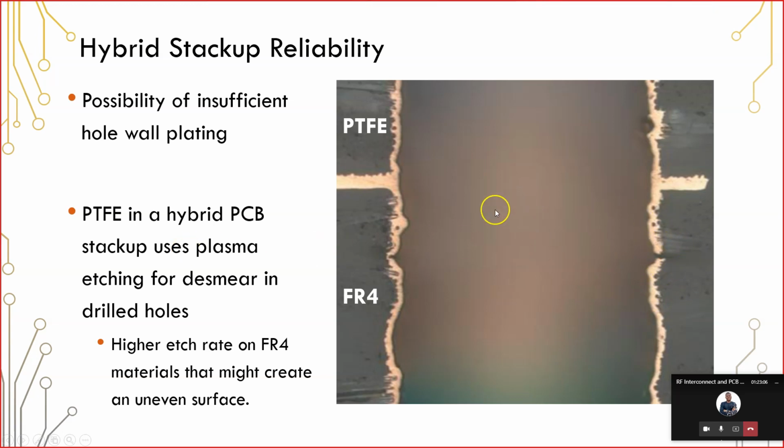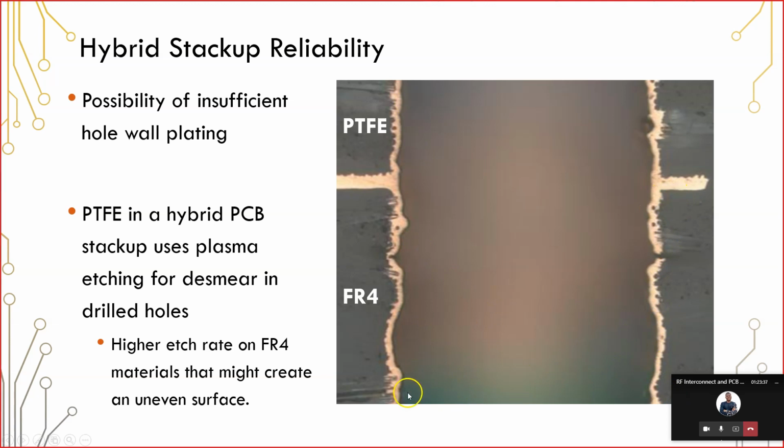So this happens during the de-smear process. So when this hole gets drilled, when it gets mechanically drilled, what happens is they use a process called plasma etching, where essentially a gas is superheated and that gas ionizes, and it's able to infiltrate these holes. And in the process of doing that, it removes any of the debris that is in these holes. Well, the problem with that is that it actually etches the FR4 layer, meaning it removes more of this FR4 material.